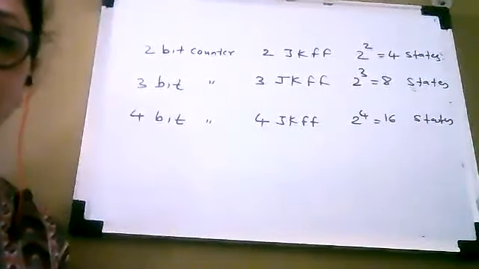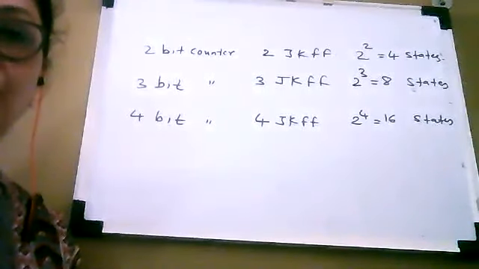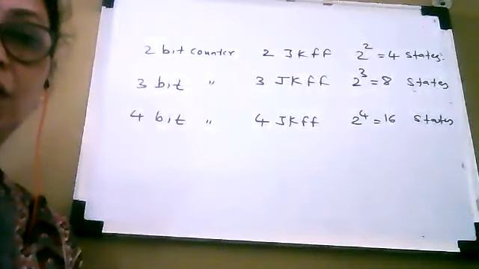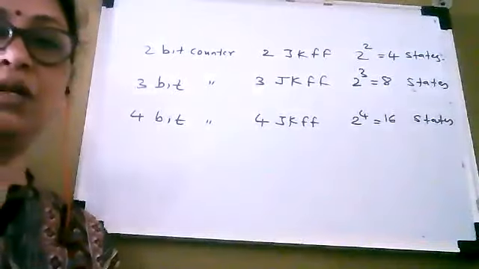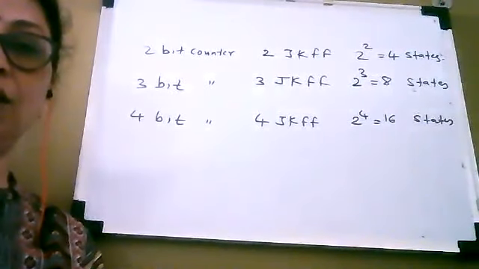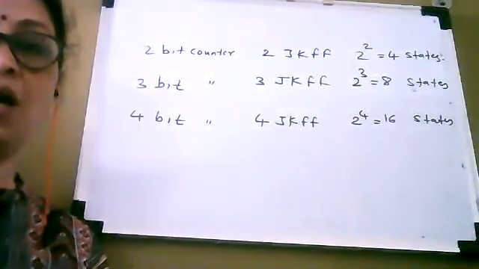Okay. Now we will move ahead with 3-bit synchronous counters. Today we will be studying synchronous counters, and synchronous counters are counters in which the clock signal is simultaneously applied to all the flip-flops.